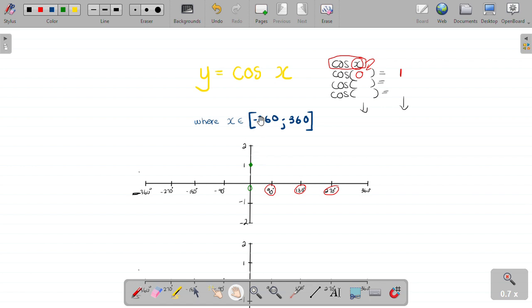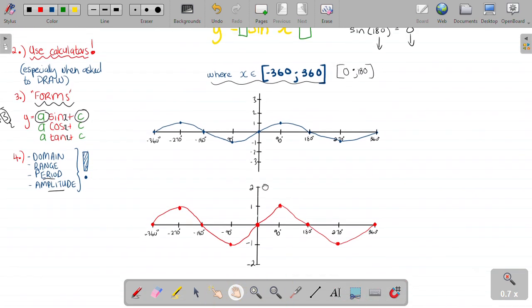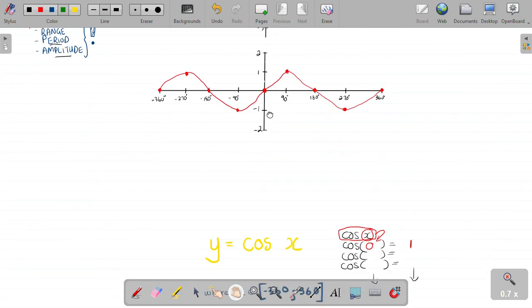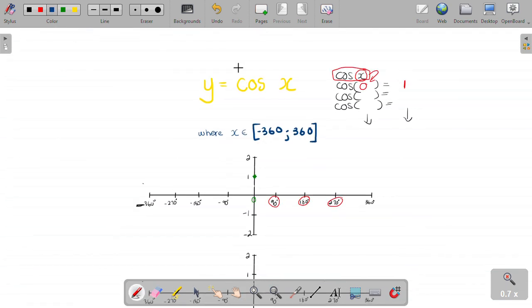So that is quite a key and significant thing to see at your level at the moment: with a standard sine graph, your graph will go through the origin, and with a standard cos graph, when I keep saying standard, what I mean is there's no number like 3 or minus 2 affecting the cos graph.